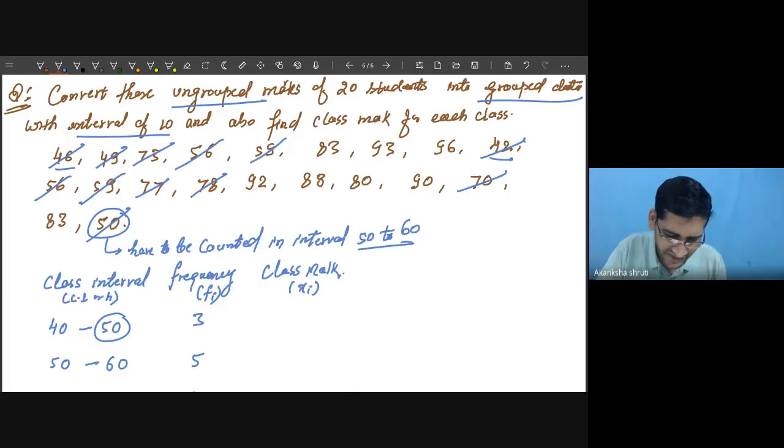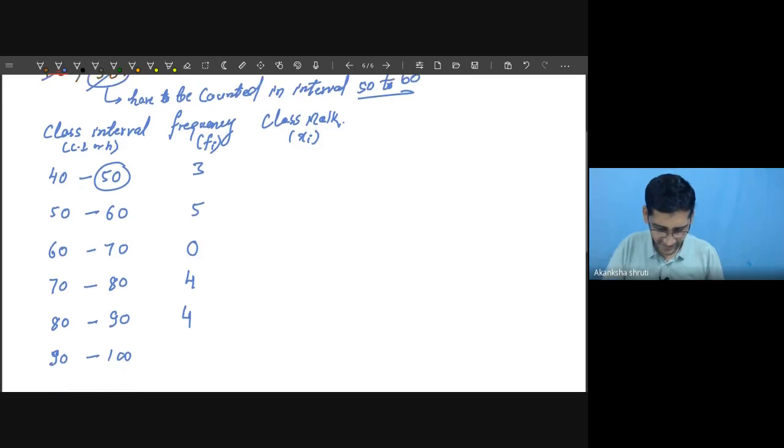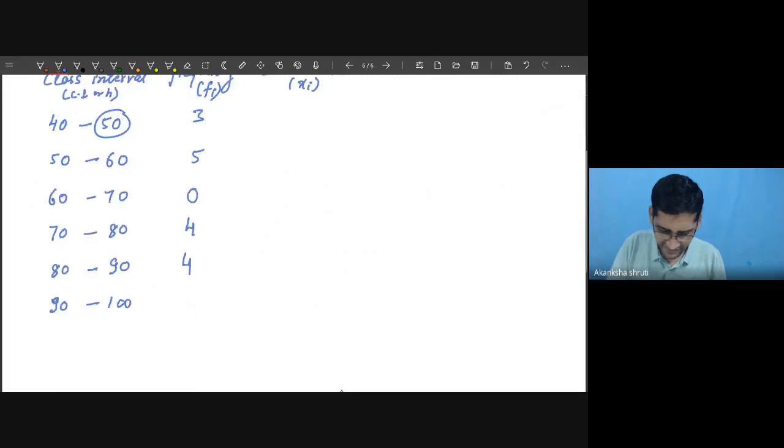Start from the beginning. 83 as 1, then 88 as the second, 80 as the third, 83 as the fourth. Then go for 90 to 100. Count it. 93 as 1, 96 as second, 90 as the third. So only these 3.